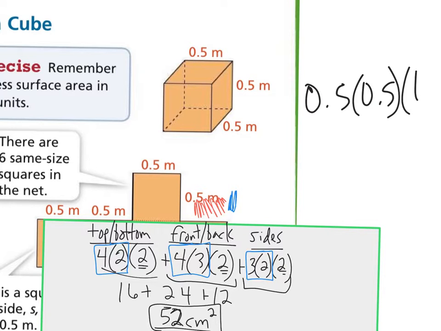The deal is we have 6 faces that are all identical to that. And then if you multiply that, you should get, like the book has, 1 5/10 square meters. So that's going to be a quicker process because all 6 are the same, rather than having top and bottom, front and back, and sides like we did. All 6 are exactly identical to each other.